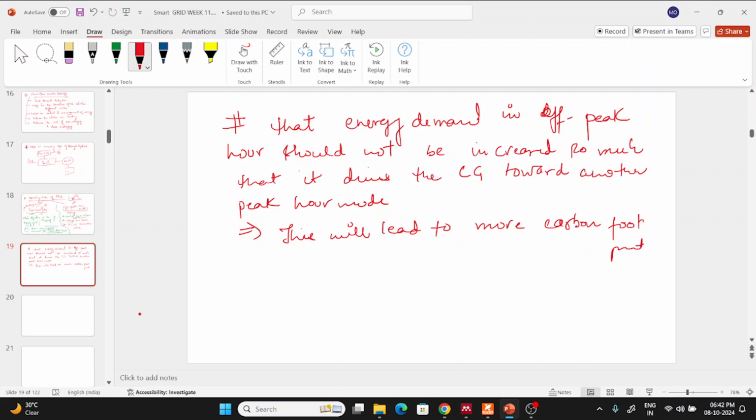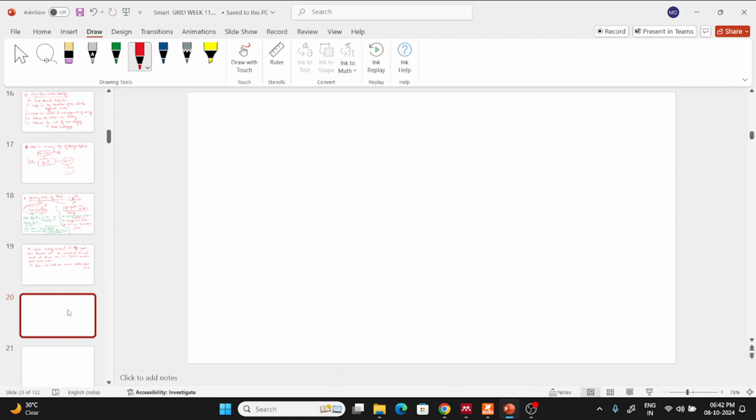So now there is another mode of operation, which is an isolated mode of operation.